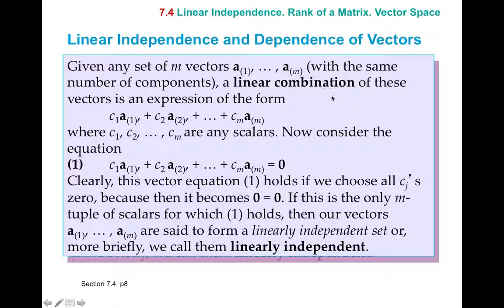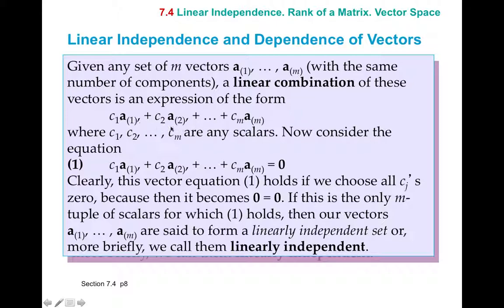All right, well, let's talk a little bit about linear independence and dependence of vectors. So what does it mean when vectors are linearly independent? Really, the way we prove this is to show what linear dependence means. So let's suppose we have some set of vectors, and let there be m of them.